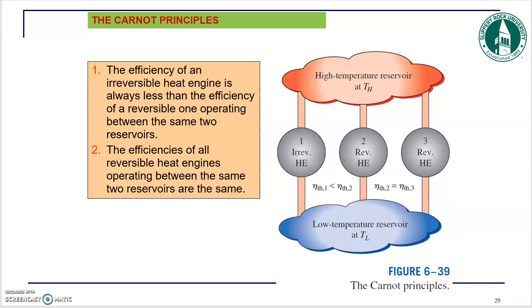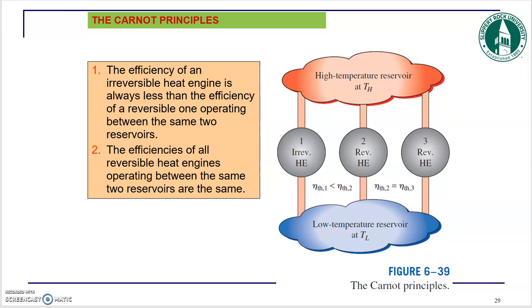And what he's saying is that if you have, for example, heat engines operating between the same high temperature source and low temperature sinks, then if you have an irreversible heat engine, the efficiency of the irreversible heat engine is less than the efficiency of the reversible heat engine.